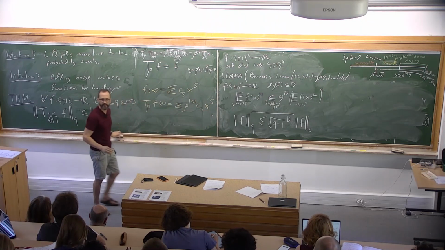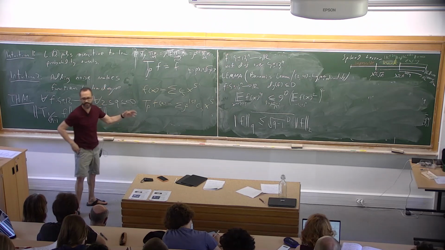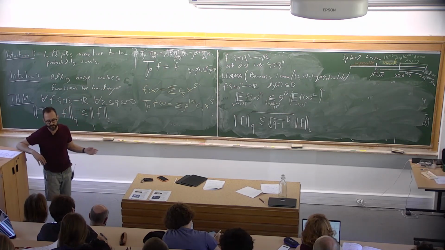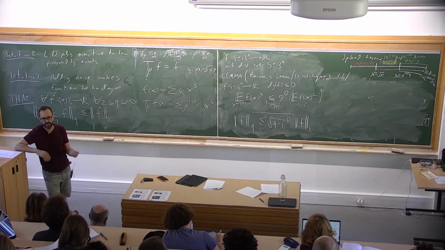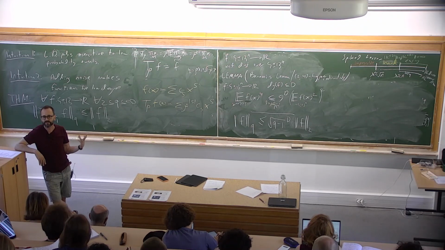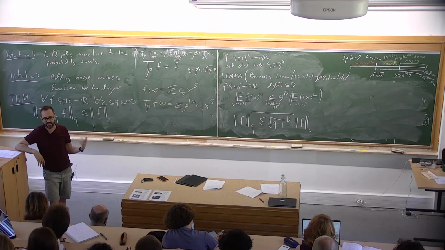So you see, it shrinks the high degree terms of f. The noise operator shrinks the high degree terms, and in that sense it makes it more like a low degree polynomial.